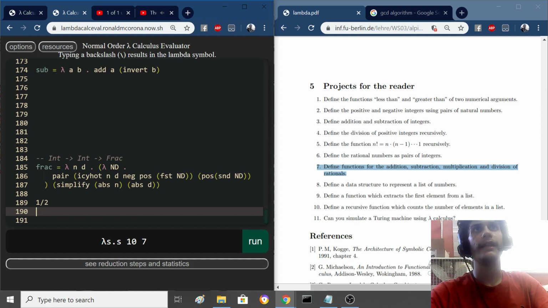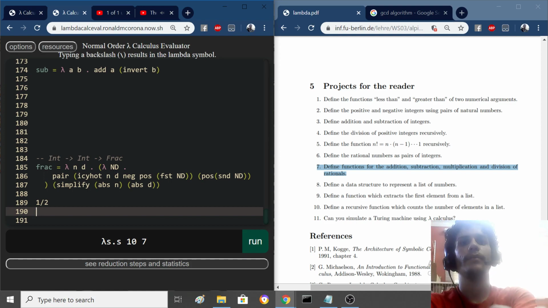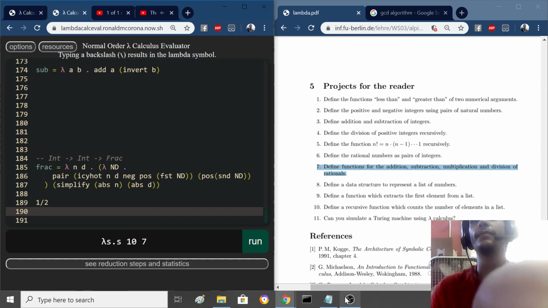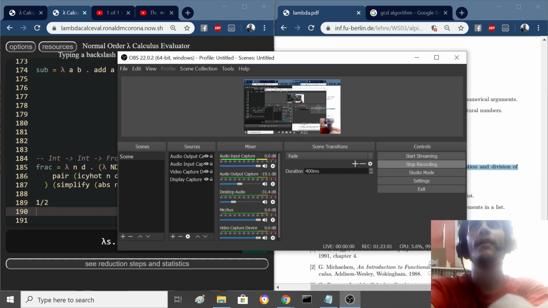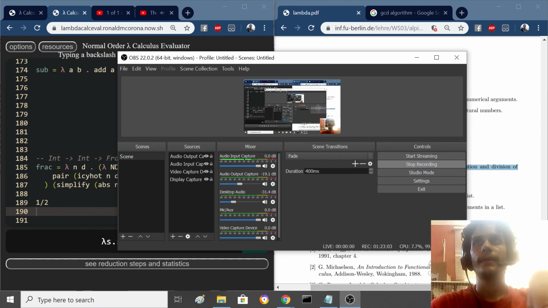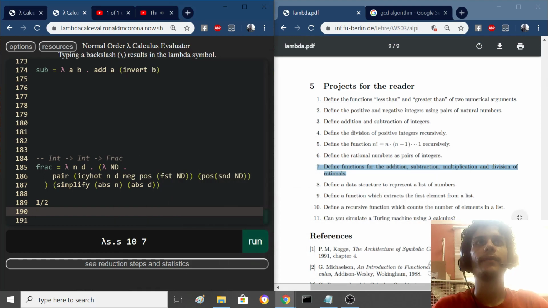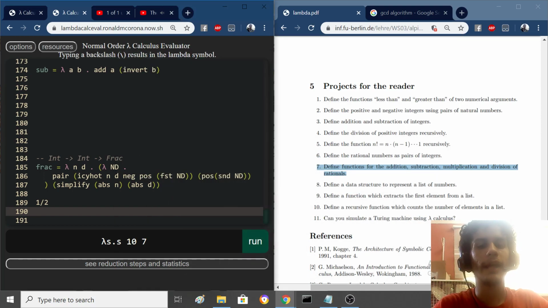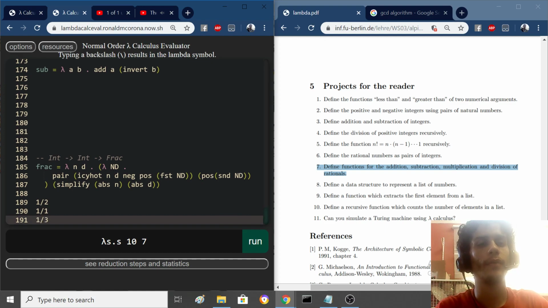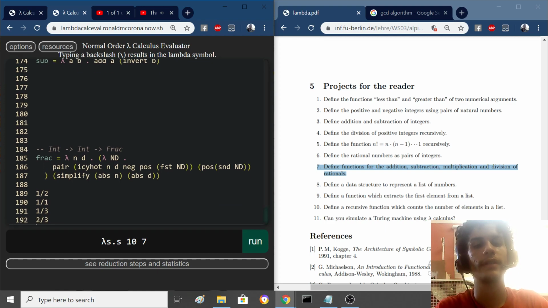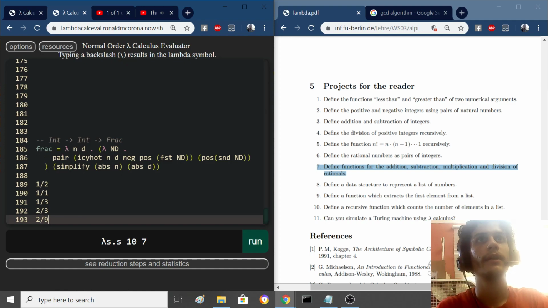So yeah, 1/2. Hold on, let me fix my camera. I feel like the frame has been off a little bit. There you go. Okay, so 1/2. Well, 1/2 plus 1/2 is 1/1. How about 1/3? 1/3 times 2/3 is 2/9.